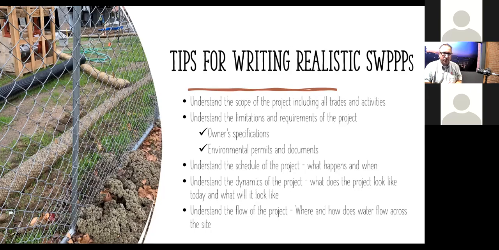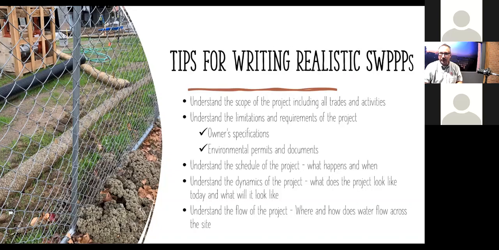A problem that many SWPPP writers make is they just call it vertical stage, and they mean everything that's included in that. But they fail to recognize that there are some very specific threats to water quality by the different trades, by the different activities. So you want to identify who those are.